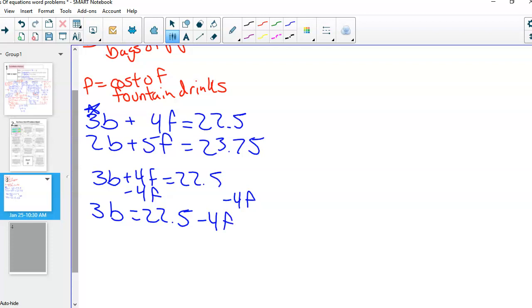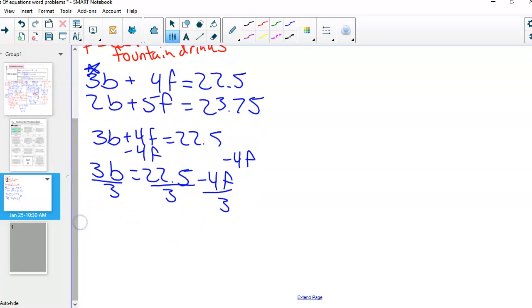Right, and then what? Not subtract 3, but divide 3. So in your calculator, I need you to figure out what 22.5 divided by 3 is. $7.5 minus, I'm going to leave this as a fraction only because this is going to be some repeating decimal, 1.333 repeating.